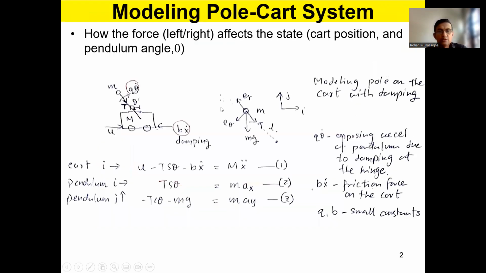Now, what we did was we tried modeling the plant. We wrote equations for the pole, that is actually the inverted pendulum, and also the cart. The cart is moving on the horizontal line, actually one-dimensional, and the pole is rotating. So then you figure out different coordinate frames also.